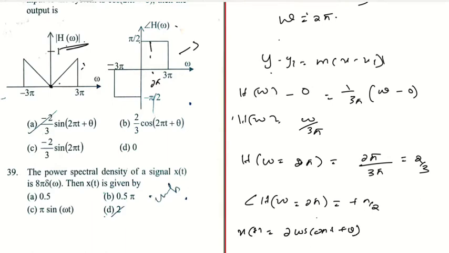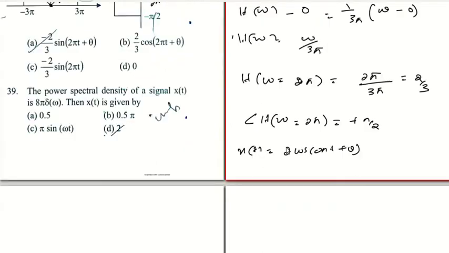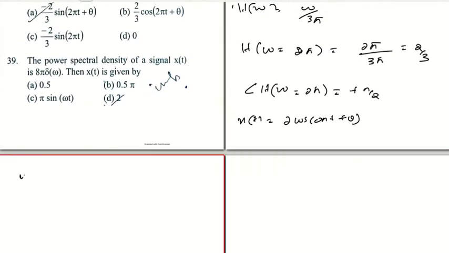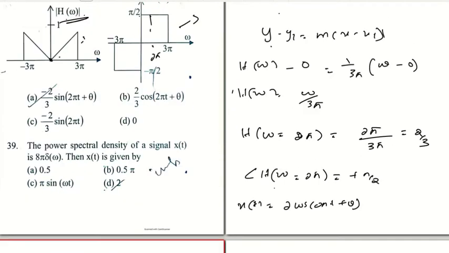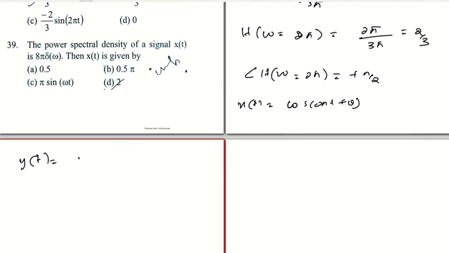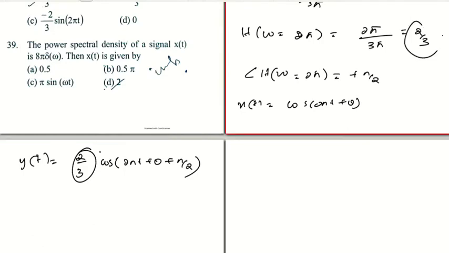Now y of t will be equal to 2 by 3 cos(2 pi t plus theta plus pi by 2). 2 by 3 is contributed by the magnitude, and pi by 2 is contributed by the phase.